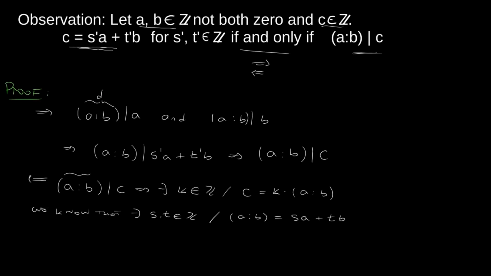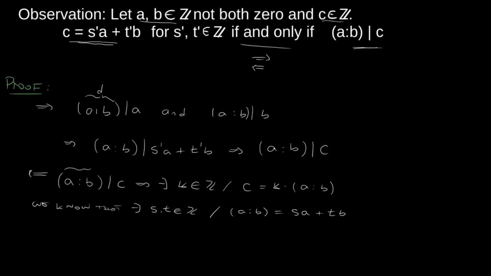Then what we have is that c is equal to this constant k times the greatest common divisor between a and b, but that is s times a plus t times b. Let's distribute this multiplication, and we have ksa plus ktb.